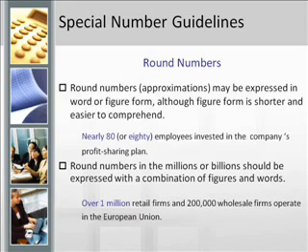So in the example, nearly 80 employees invested in the company's profit-sharing plan, you could use either, although personally I would use the figure. Some of these approximation words that indicate round numbers might be nearly, about, or approximately.